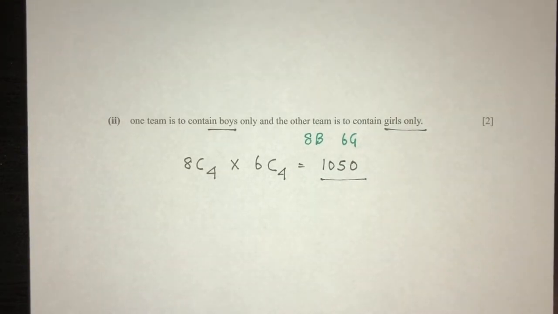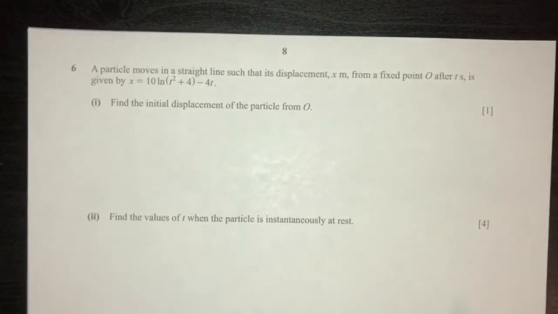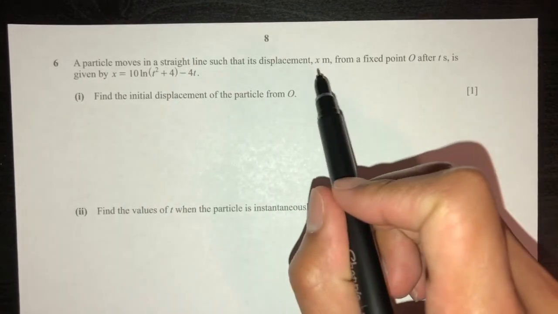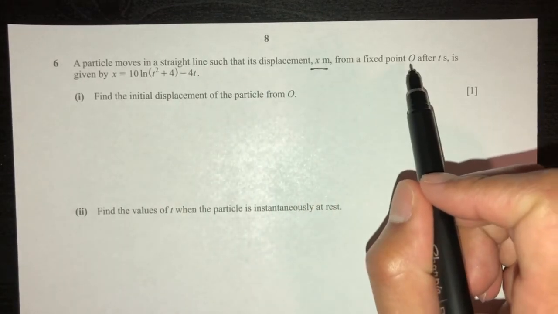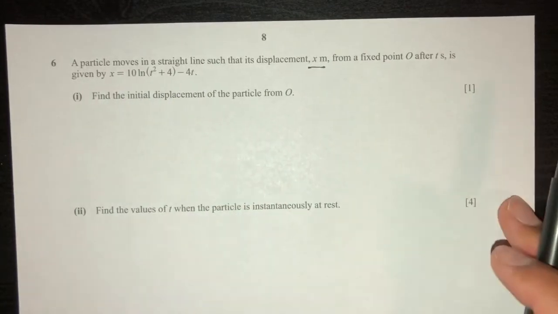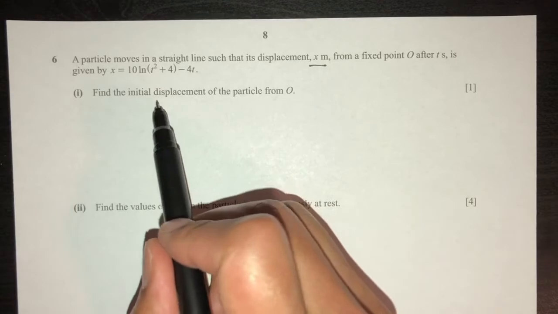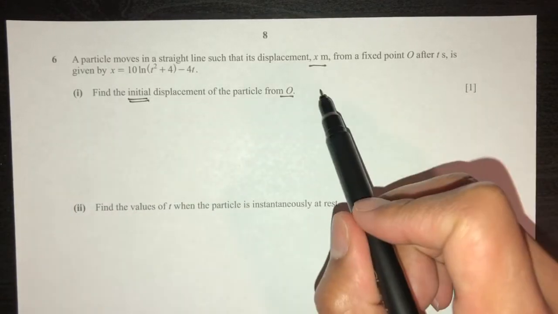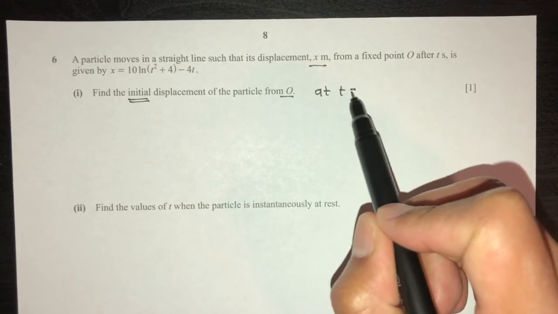Now let's move on to the next one. Question number 6. A particle moves in a straight line such that its displacement x from a fixed point O after t seconds is given by this equation. Now we have to find the initial displacement of the particle. So initial means at first, so at time equal to 0.